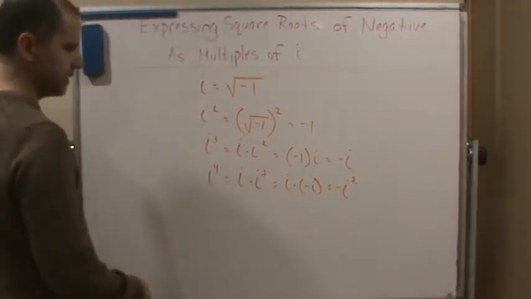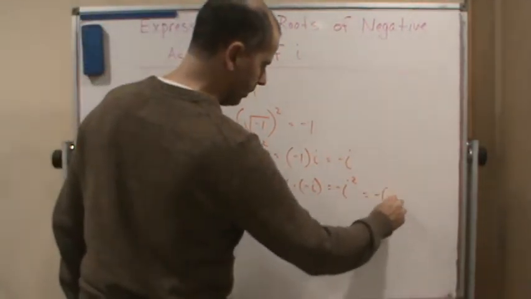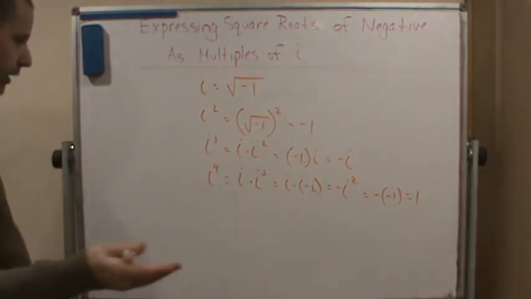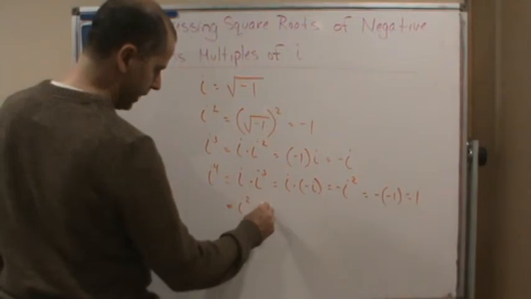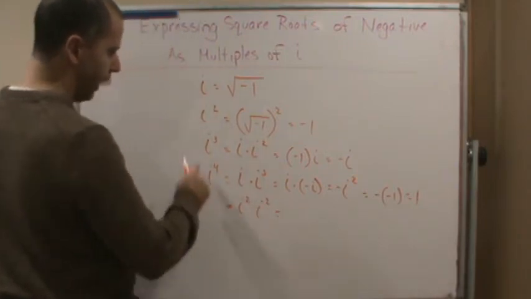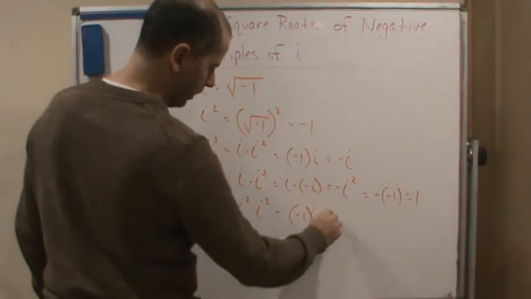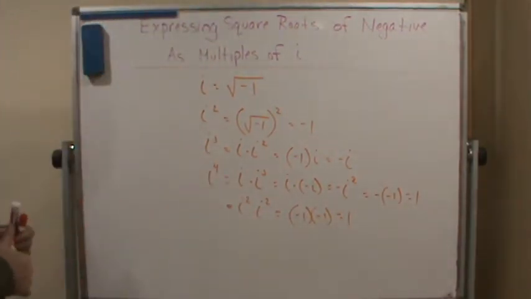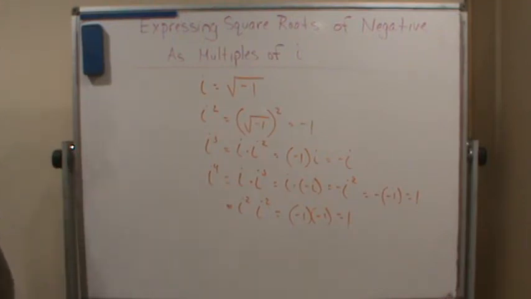What's i squared? It's -1, so this gives us -(-1), which is 1. This is not the only way we could have done it. I could have written i squared times i squared. Since i squared is -1, that gives -1 times -1, which is the same thing. So there are different ways of doing this, but that's one thing we can do with i.